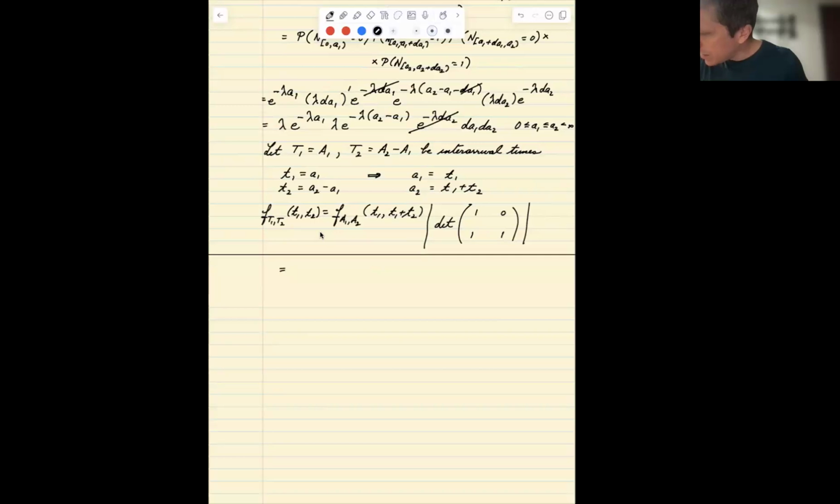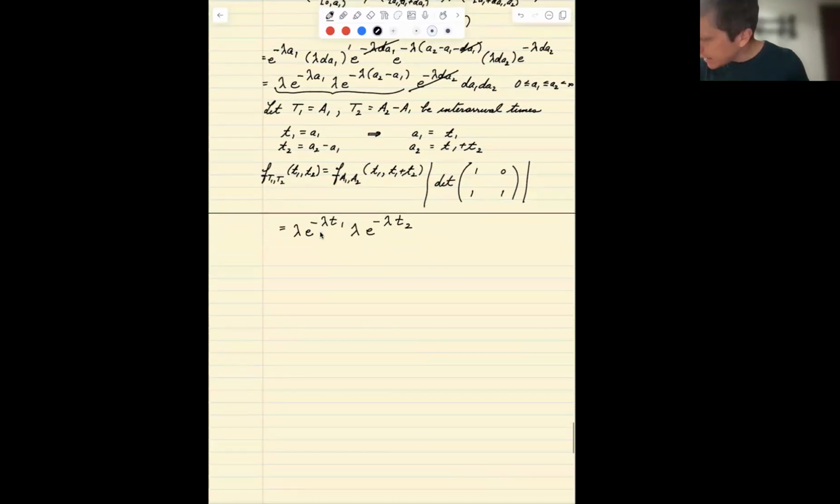What we're left with is f of A1, A2, which is the density we just described: lambda e to the minus lambda T1, times lambda e to the minus lambda (A2 minus A1). Well, A2 minus A1 is T2. So what does that tell us?